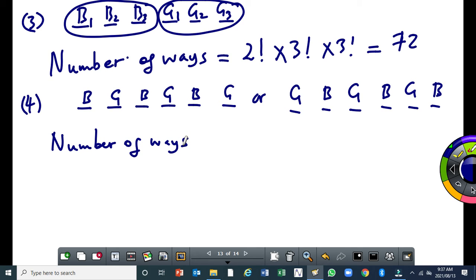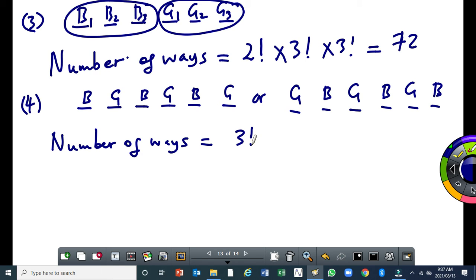Now, if they alternate, if we are talking about swapping the positions of the girls and boys, but a boy and a boy cannot switch. In that case, the number of ways will be: we start with 3 factorial.